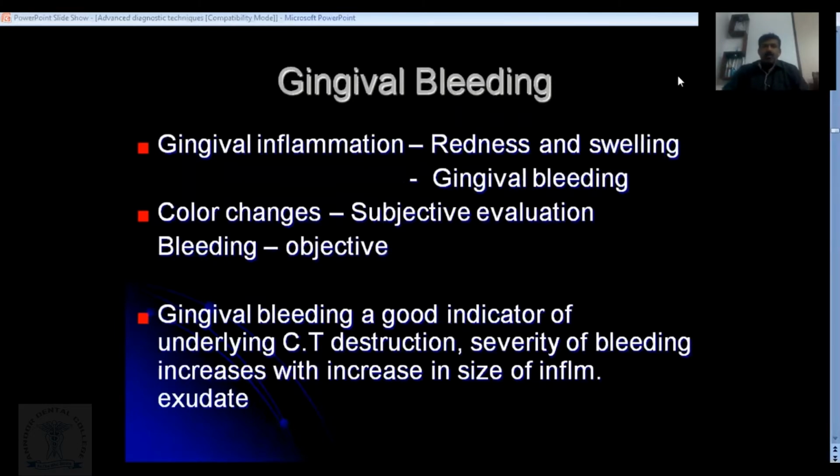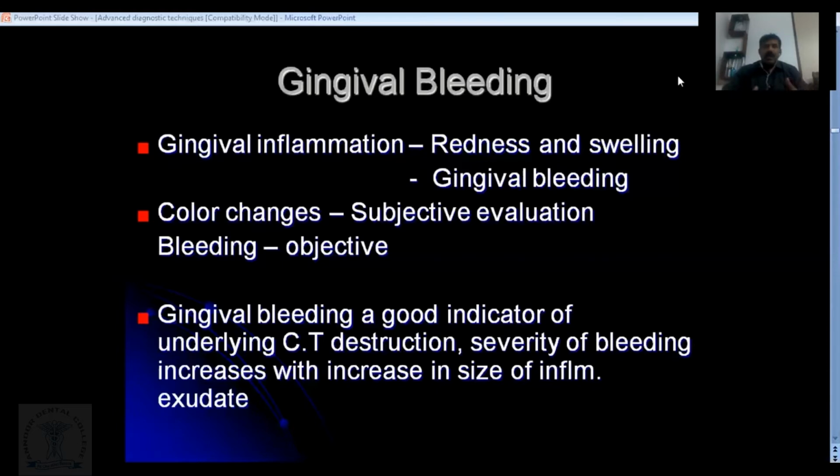Whenever there is inflammation of the gingiva, the color of the gingiva changes. At the same time, if you stimulate the gingiva, there is bleeding. But the problem with the change in color is it is subjective.